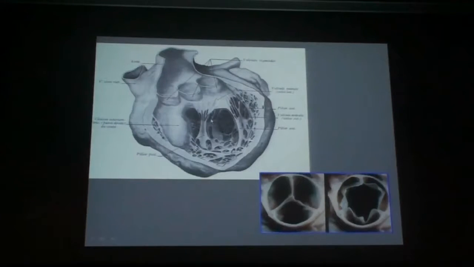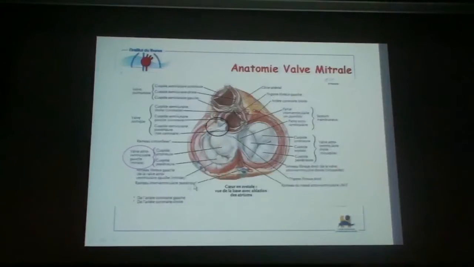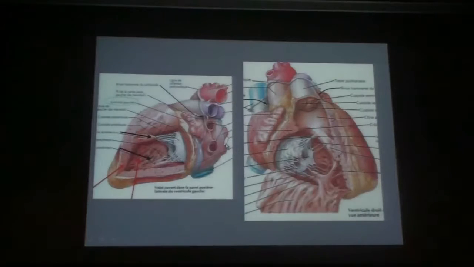So you can see that you have two kinds of valves. You have the aortic valve and the pulmonary valve that are not connected to any part of the left ventricle or right ventricle wall through the cordae. They are totally independent. This is not the case of the mitral valve and tricuspid valve that are connected, as we saw, by cordae and through the papillary muscles to the wall of the left and the right ventricle.